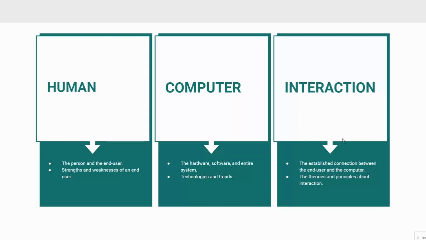Okay? And when human beings use computers, interaction happens. So we establish a connection between the end user and the computer. Now, there are theories and principles about interaction. That is why we have these principles, theories, and guidelines that will help designers, future designers like you, to take advantage of computers and the ability of computers to support human beings in completing their tasks.